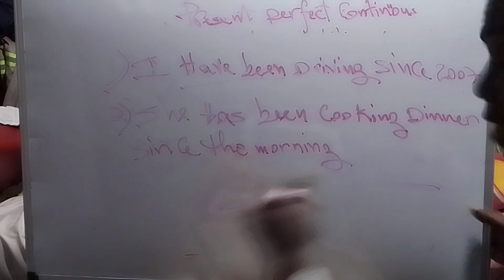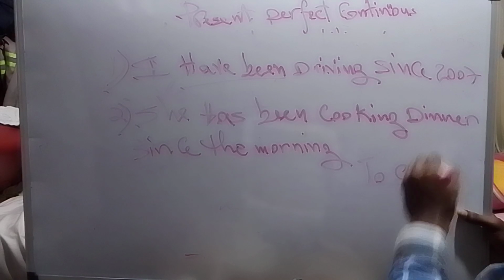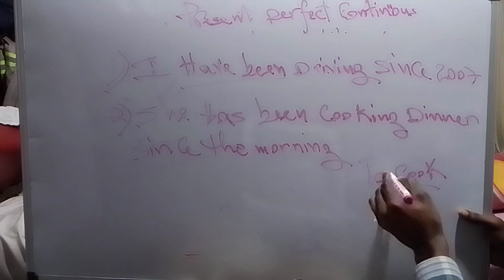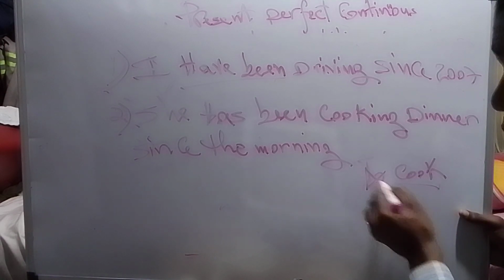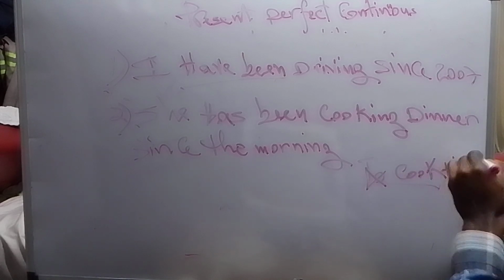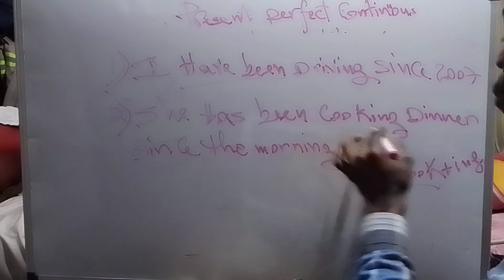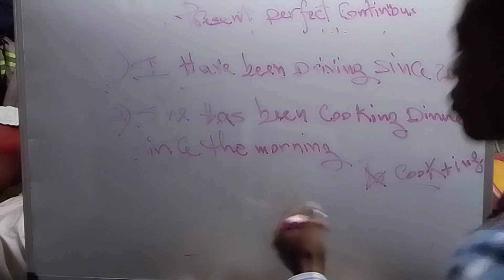Cooking is the verb to cook, but I erase the base form, and I put an ing form right here. She has been cooking dinner since the morning.